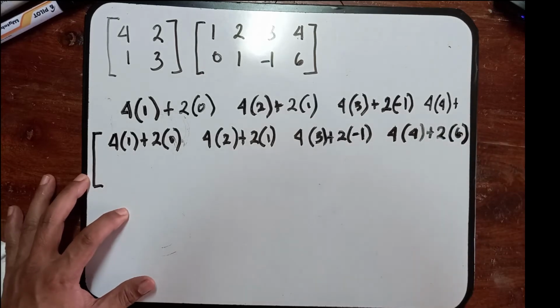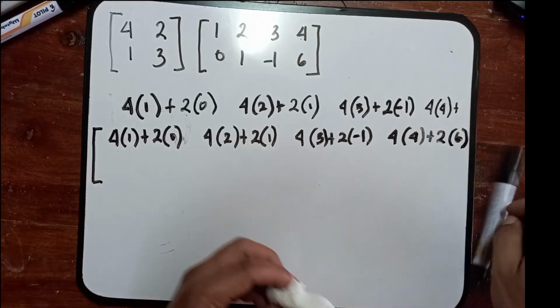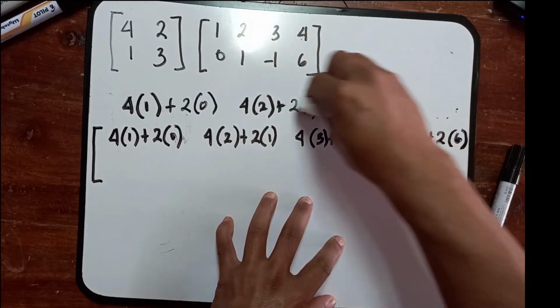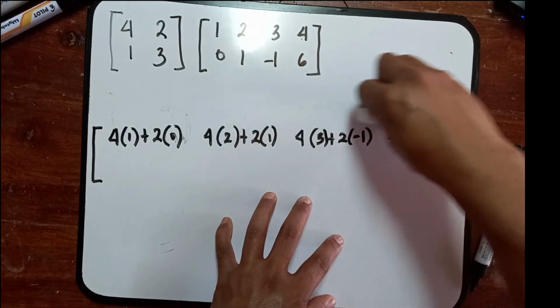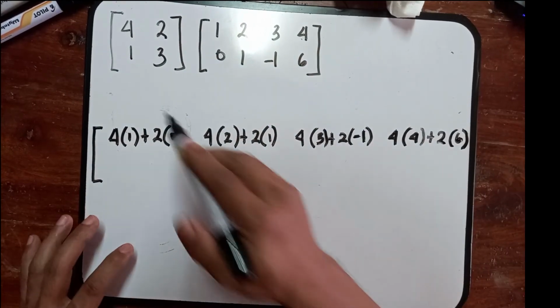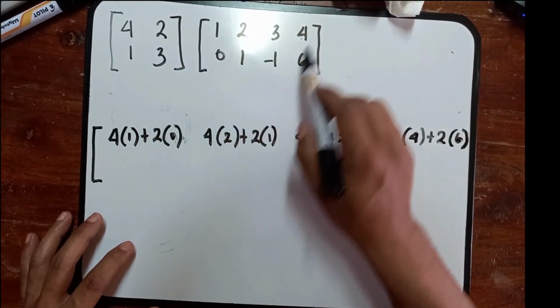So there you go. We have already completed multiplying the first row against the columns of the second matrix.